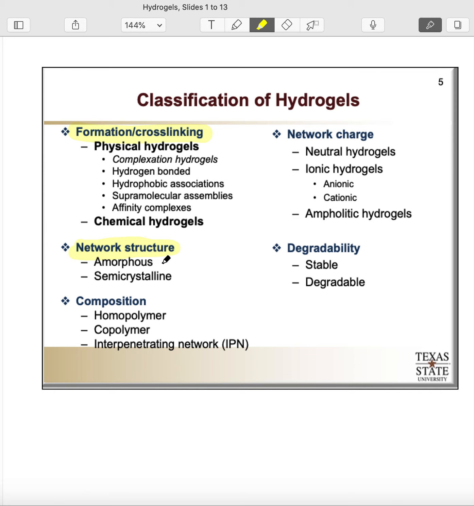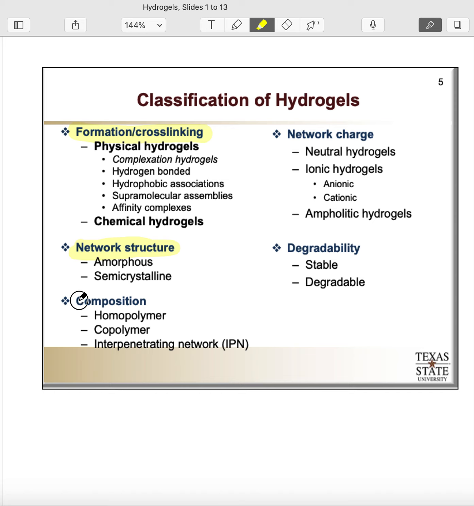And those would have to be held through covalent links or through one of these physical associations that we mentioned here. Now, we could also have semi-crystalline hydrogels where there are crystalline regions, and those crystalline regions might act as the cross-linker, because you could have several different chains coming together in certain regions, forming those crystallites. And the crystallite is basically the tie point that ties those independent chains together.